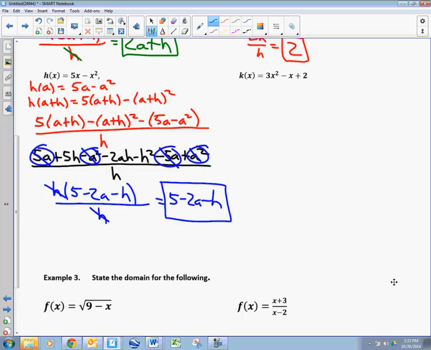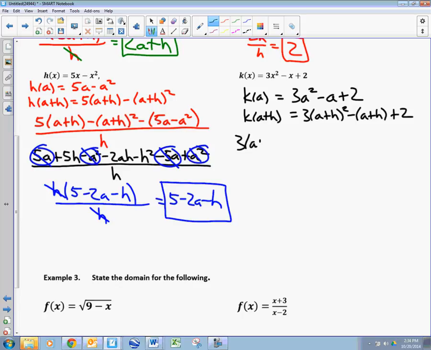Okay, last one, and then you guys can work. All right, now we've got 3 terms: 3a squared minus a plus 2. 3 times a plus h, quantity squared, minus the quantity a plus h, plus 2. Oh boy. Write it all out. K of a plus h minus k of a all over h.